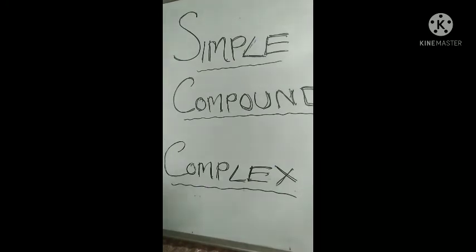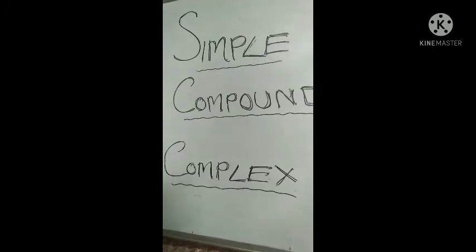Such as after, although, as, because, before, even though, if, since, though, unless, until, when, whenever, whereas, while, where, who, that, and as if. These are all subordinating conjunctions, which indicate that it is a dependent clause because it begins with these subordinating conjunctions.